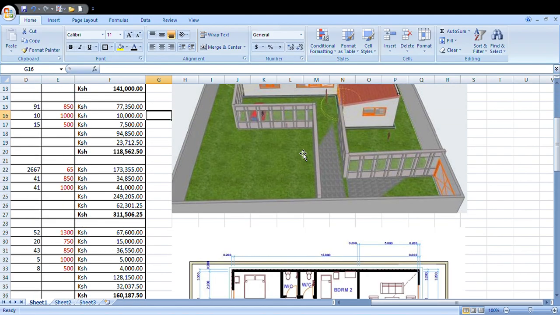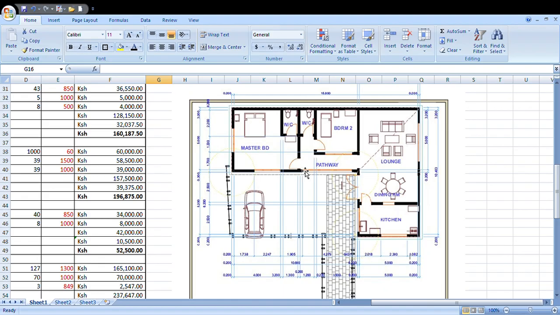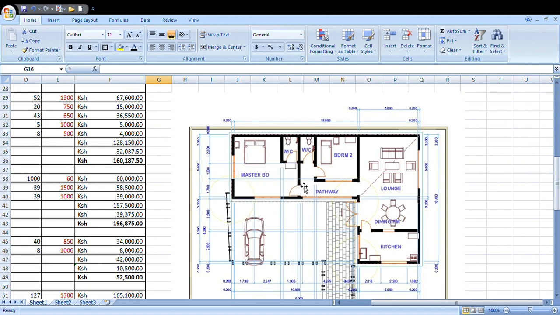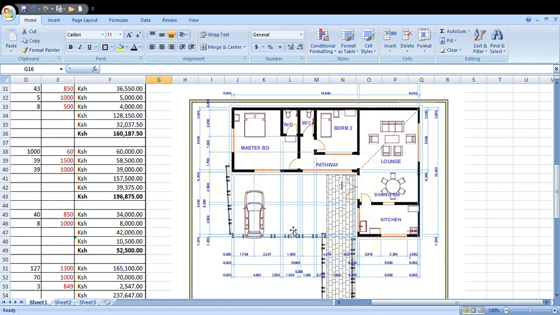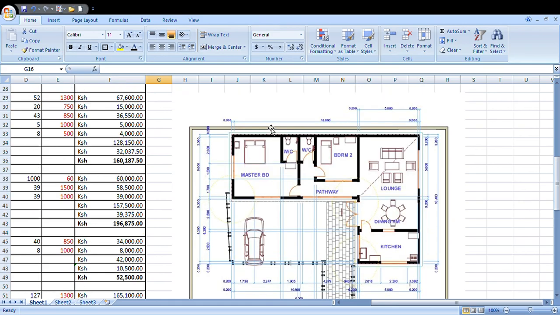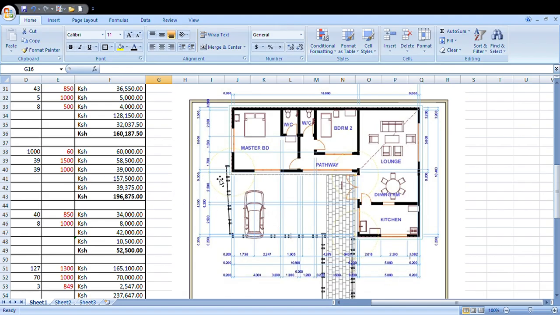As you can see here, we have a very nice two-bedroom hidden roof house, and the advantage of hidden roofs is that they are much cheaper compared to the ones with a normal roof design. The reason is that most buildings consume much money in the roofing section, especially in timber.